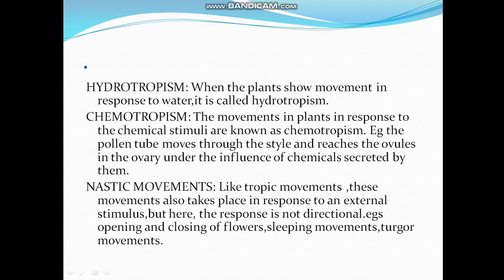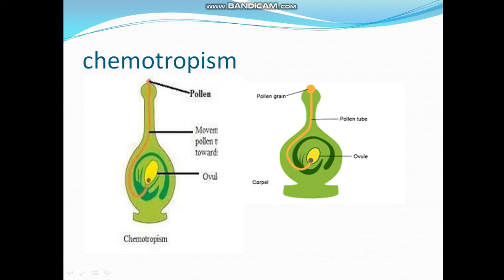Now this is a diagram of chemotropism where the pollen grain enters through the pollen tube to reach the ovule where fertilization takes place, with the help of certain chemicals, which is called chemotropism.